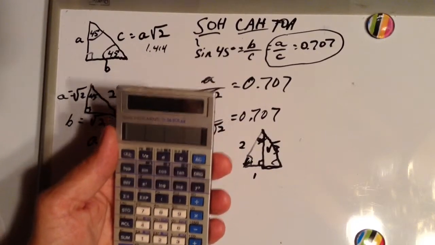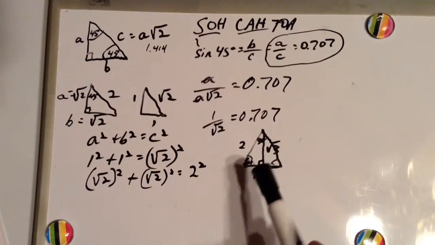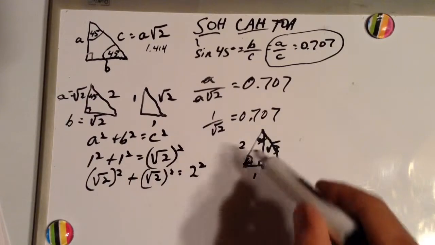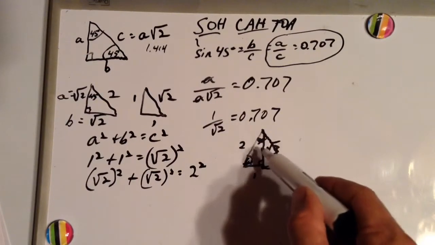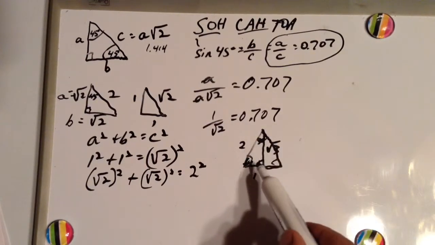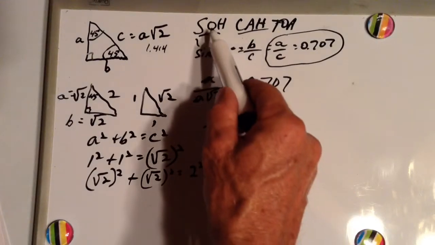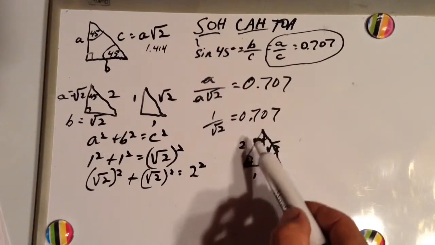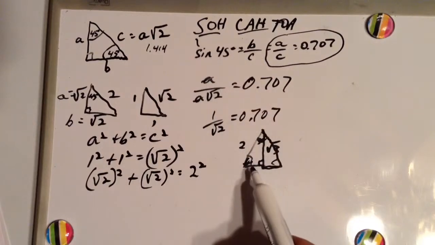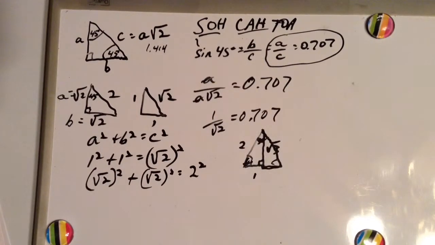Okay, as we can see from our drawing, here's our 30-degree angle. The sine of 30 degrees is equal to the opposite side divided by the length of the hypotenuse, according to SOHCAHTOA, or 1 over 2, and 1 over 2 is 0.5. That's why your calculator says 0.5 when you hit 30 and hit the sine button.